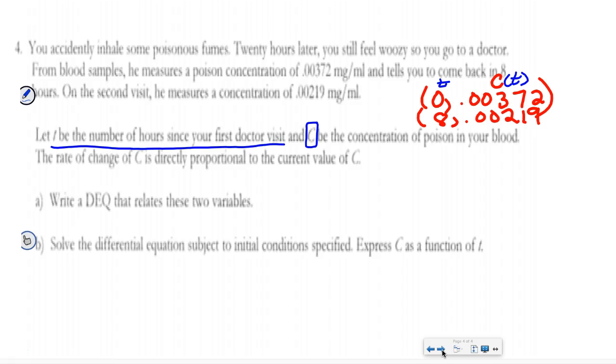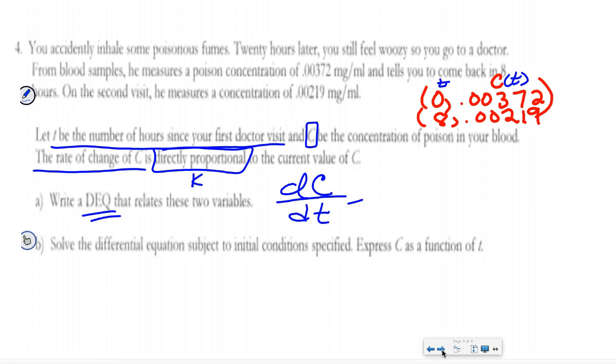The rate of change of C, oh, there's my derivative, directly proportional to, there's my exponential growth trigger, to the current value of C. Write a DEQ, differential equation. The rate of change of concentration in my blood over time is directly proportional to the amount in my blood at that time.